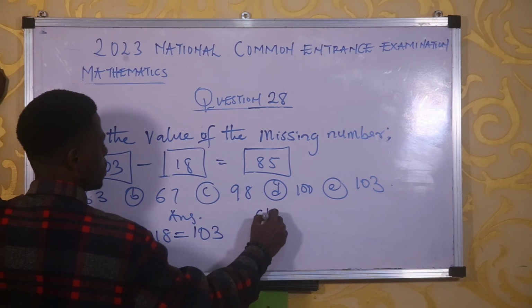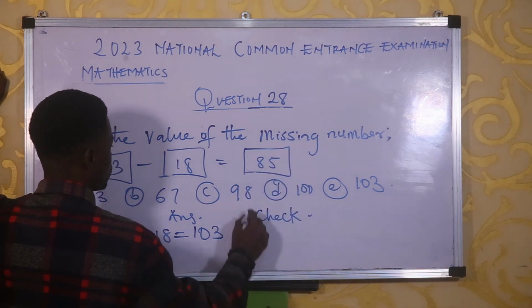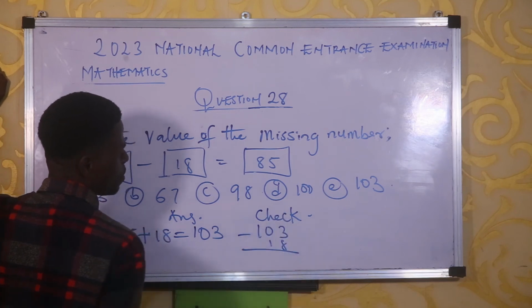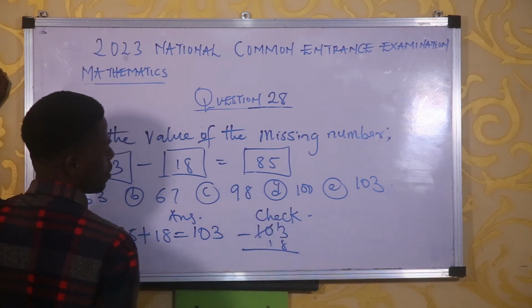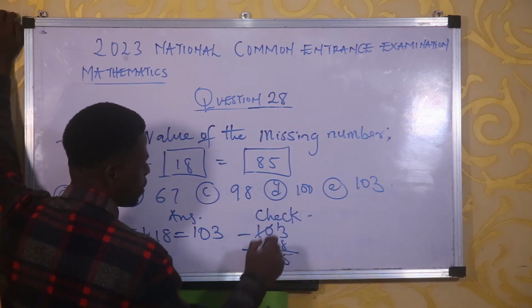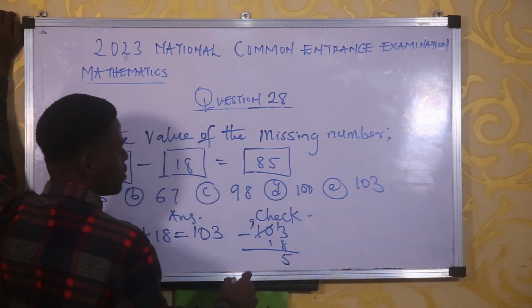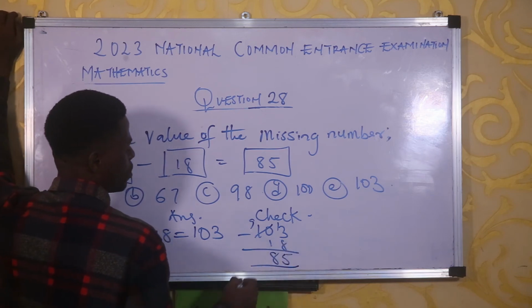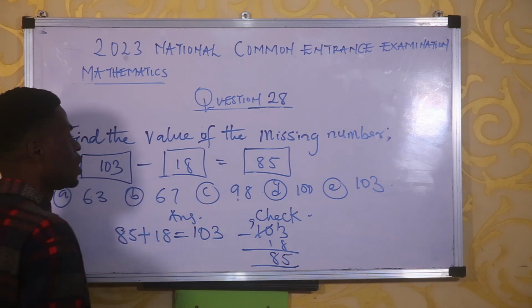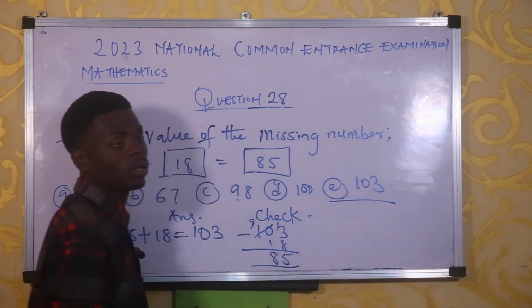Now let's check whether it is correct. 103 minus 18: when we borrow 1 from the 10, we get 13. 13 minus 8 gives us 5. Now this remains 9. 9 minus 1 gives us 8. So that's 85. Definitely you can see that our answer is correct. So our answer is option E, that's 103.